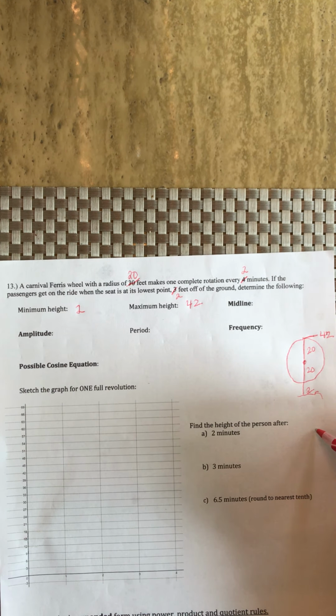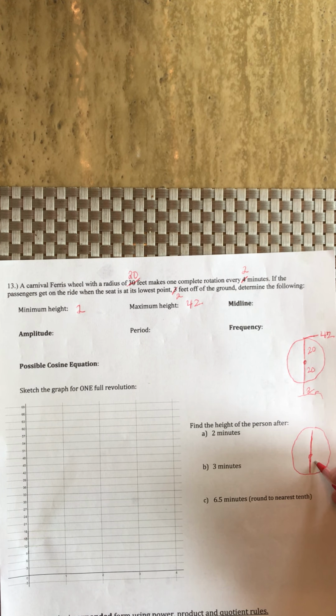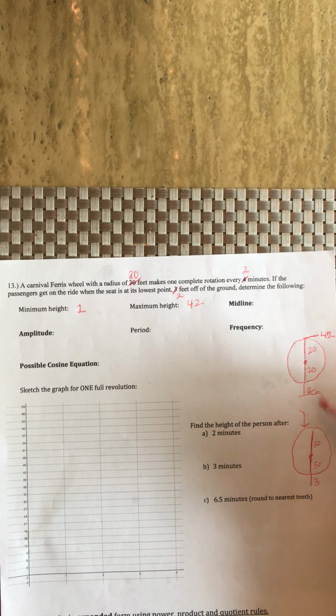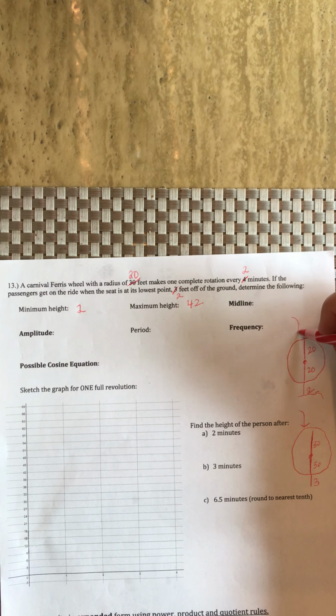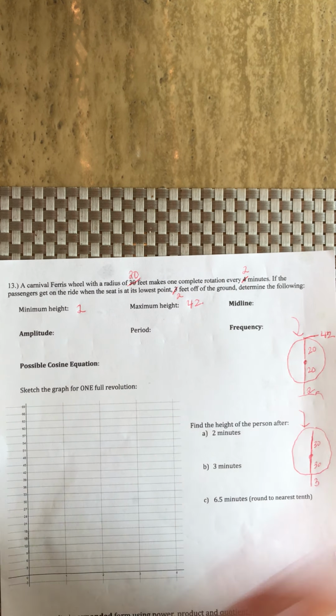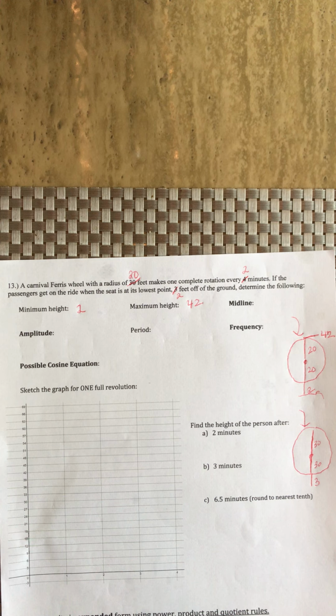So you're going to draw the Ferris wheel right here, and you're going to have a radius of 30 and 30. And it's going to be off the ground 3 feet. So this right here is what you use. Okay, these are my numbers. This right here would be your numbers.